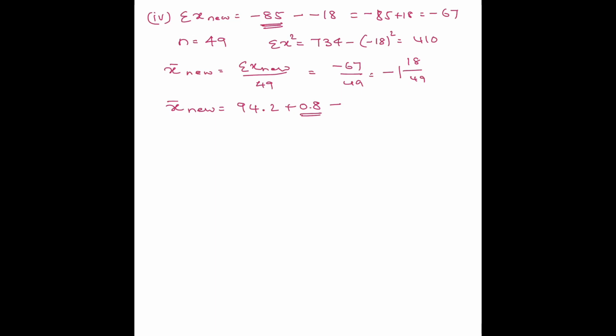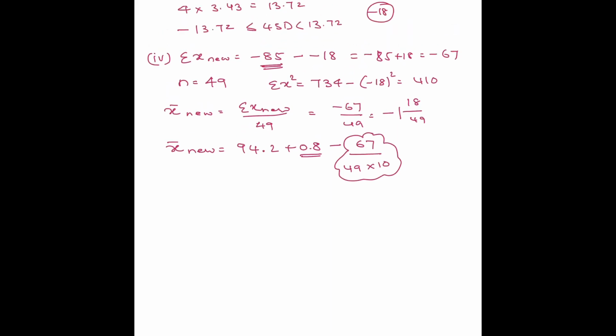Remember, it was considered to be 8, and 8 was to the nearest 0.1, so 8 times 0.1, that's why 0.8, and then minus 67 over 49 times 10. Where is 67 from? And what is 49?